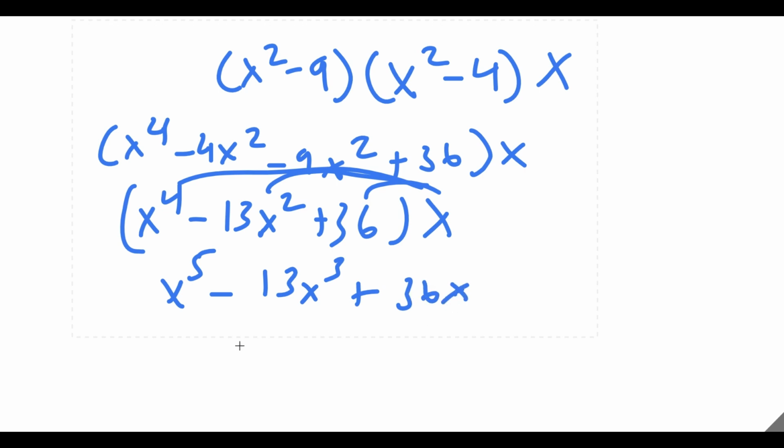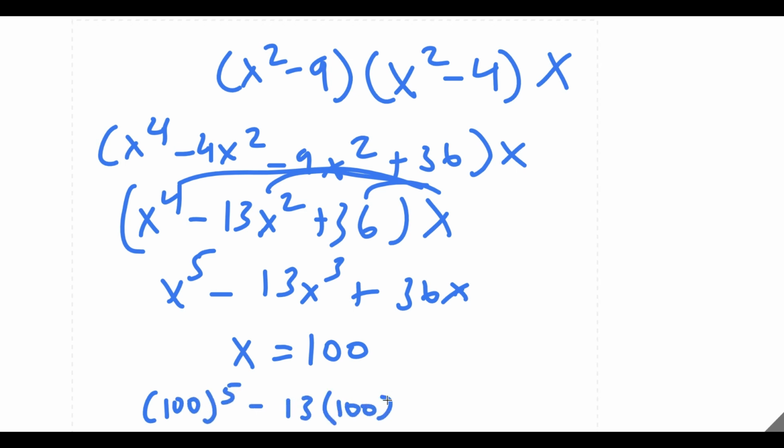Now remember how we set x equal to 100. So if I plug in 100 for x into this expression, I get 100 to the power of 5 minus 13 times 100 to the power of 3 plus 36 times 100.